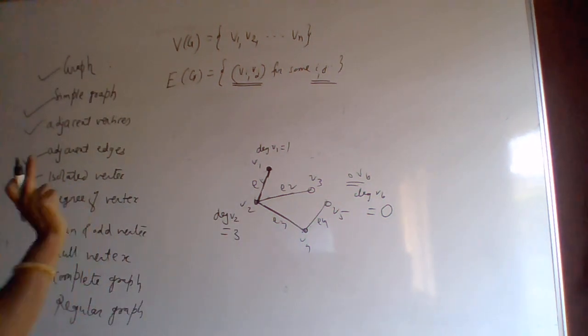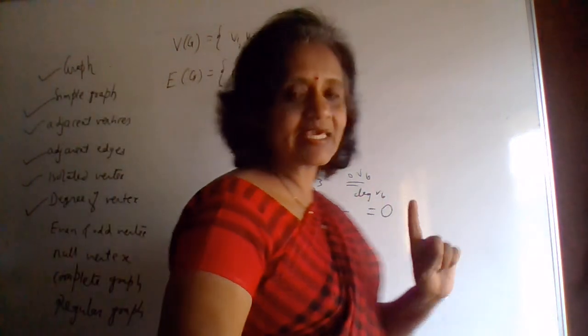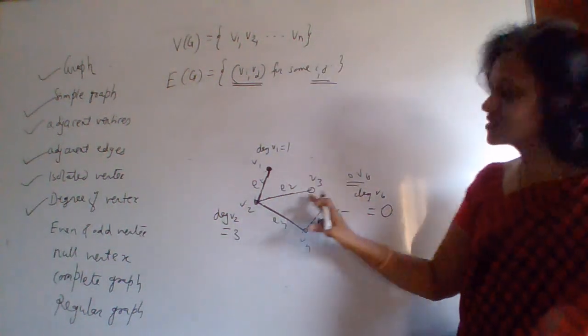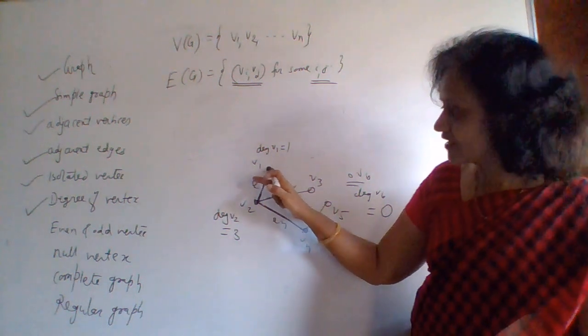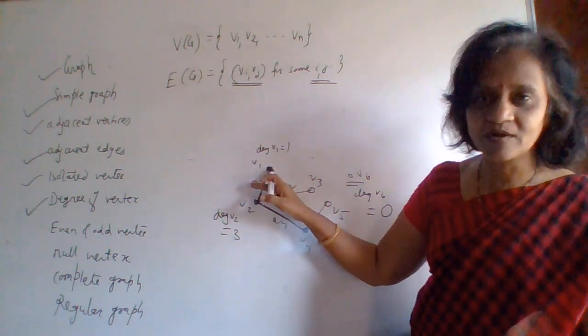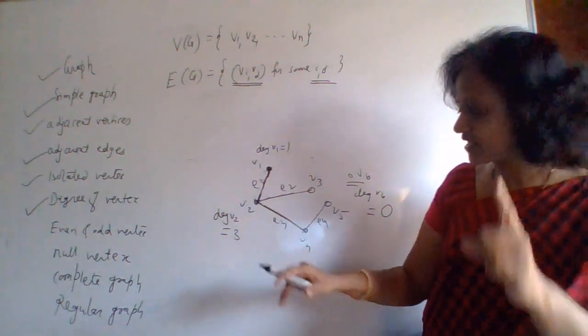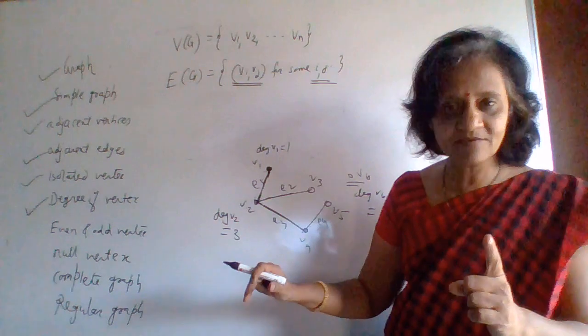For even and odd vertex, it's very simple. The vertex whose degree is even, that is called as even vertex. The vertex whose degree is odd is called as an odd vertex. So you can check here again. V1 is an odd vertex because degree is 1. V2 degree is 3. So it is again odd vertex. V4 its degree is 2. So it is an even vertex.